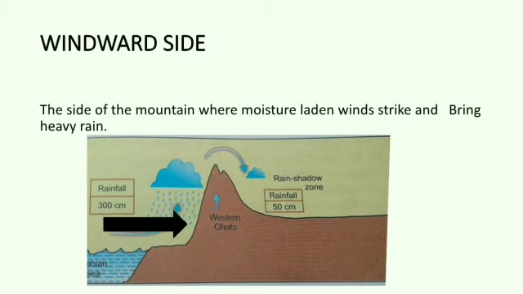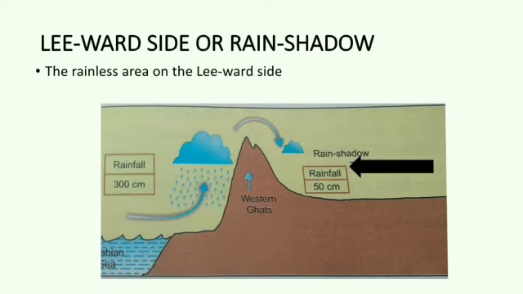For example, Mumbai on the west coast records about 190 centimeters of rainfall during the monsoon season because Mumbai is located on the windward side of the western slope of the Western Ghats, hence receiving heavy rainfall during the southwest monsoon.